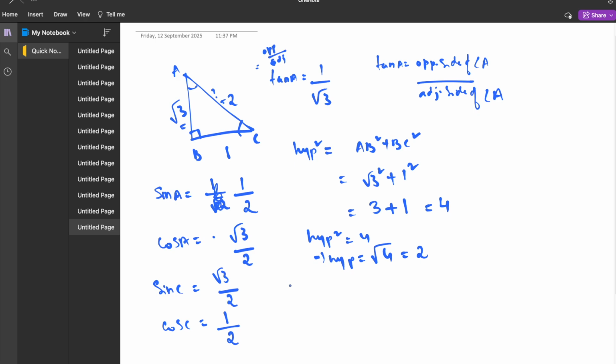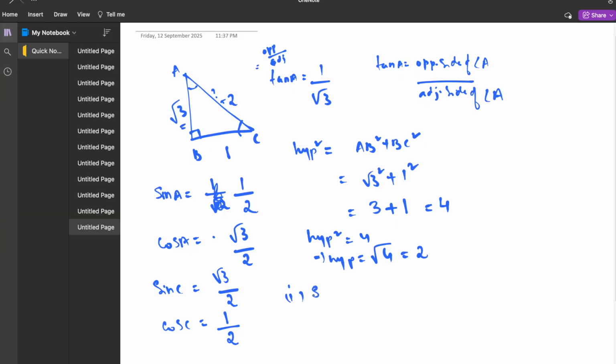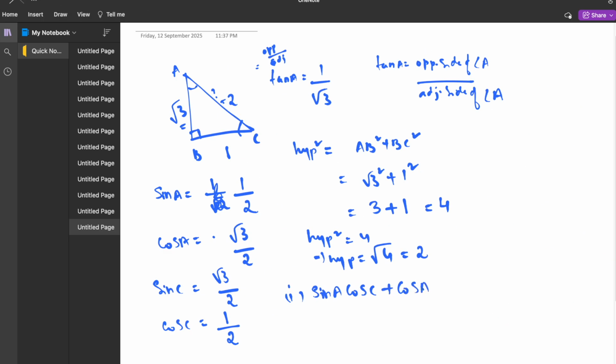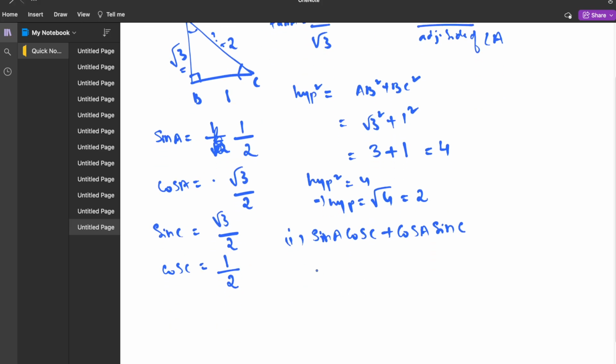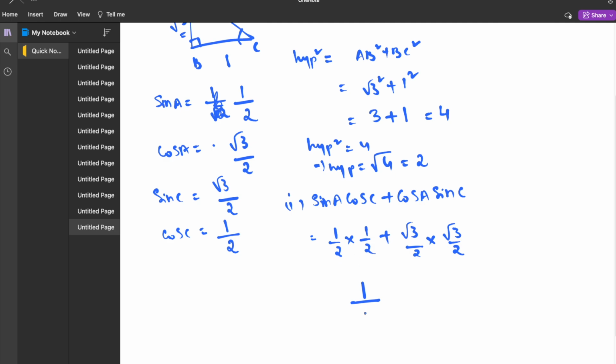Now let's solve those equations. The first one is sin A cos C plus cos A sin C. Sin A is 1 by 2 into cos C is 1 by 2, plus cos A is root 3 by 2 into sin C is root 3 by 2. 1 into 1 is 1, 2 into 2 is 4, plus root 3 into root 3 is 3, 2 into 2 is 4.